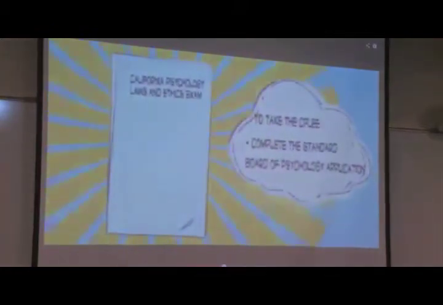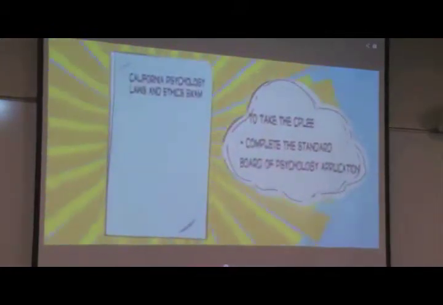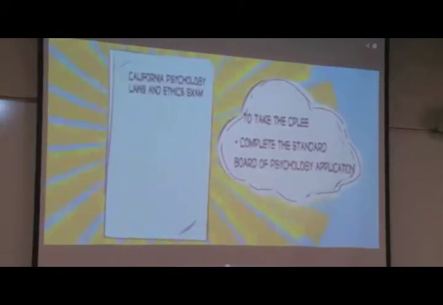You will have to take the California Psychology Laws and Ethics Examination, CPLE. To apply for the CPLE exam, you will need to complete the standard Board of Psychology application for licensure as a psychologist.